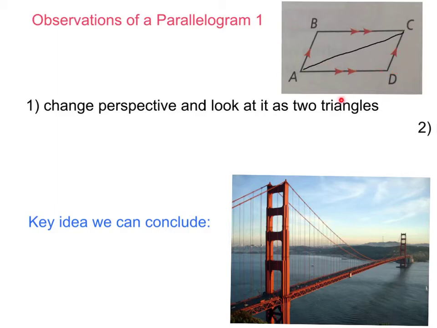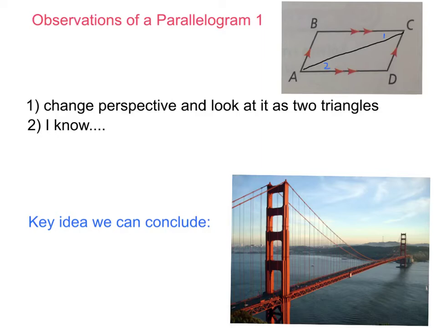Now once I do that, I can make some evaluations about these two triangles, because I know a lot about triangles, and I know a lot about parallel lines that are cut by a transversal. So let's make some observations. I'm going to call this angle 1 and angle 2. What kind of angles are those, angle 1 and 2?